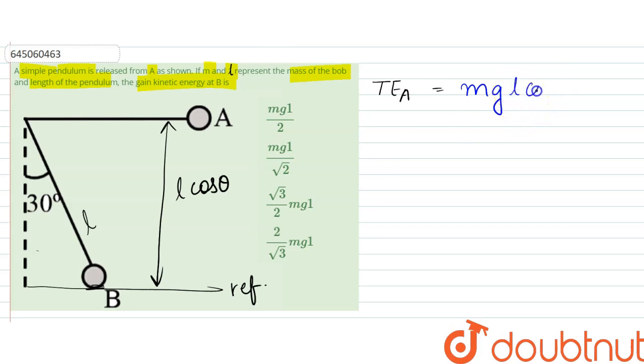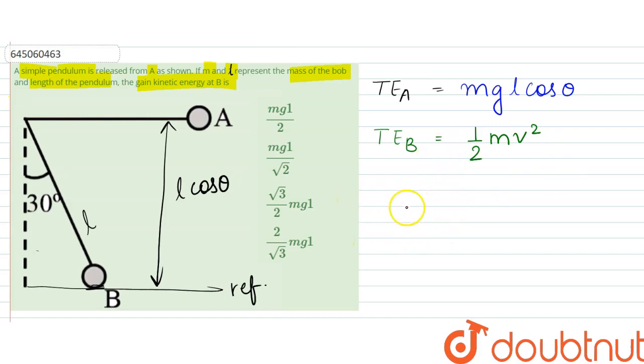Now, the total energy at B would be mg into 0. The potential energy would be 0, so we do not need to write that, but there would be some amount of kinetic energy, that is half mv square.